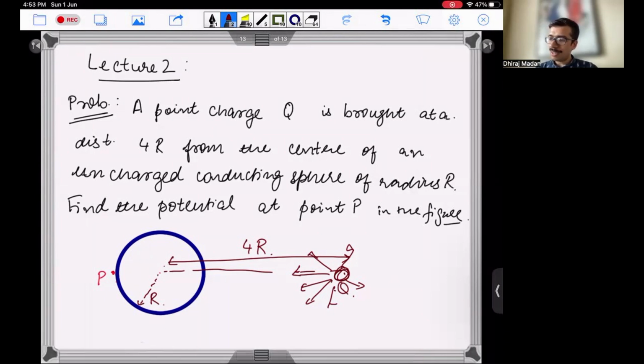The direction of this electric field is away from this charge. So some electrons are going to move towards the surface, and when they move, they'll leave some amount of positive charge on the opposite side.